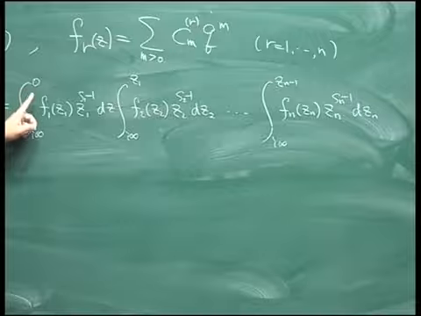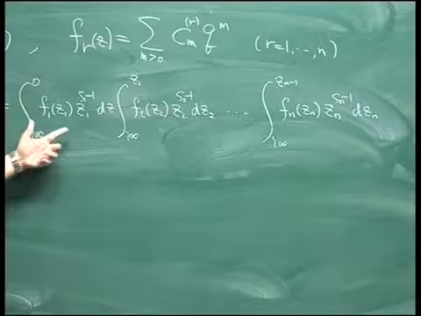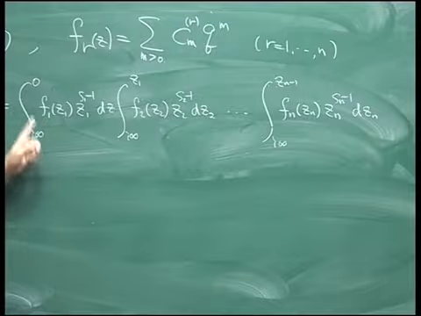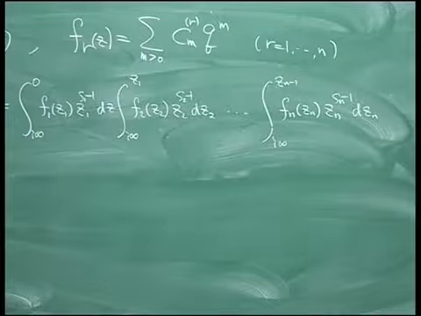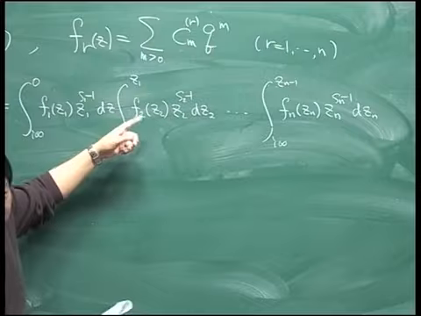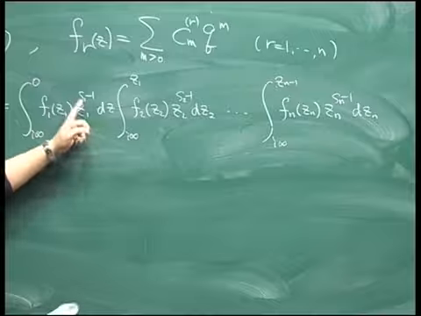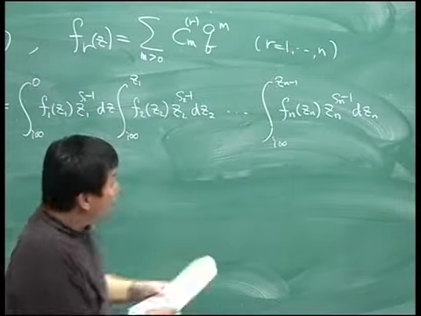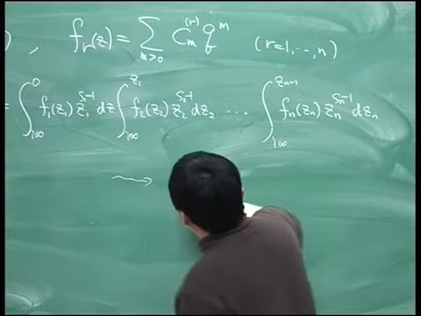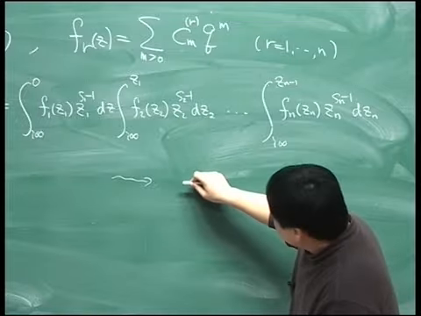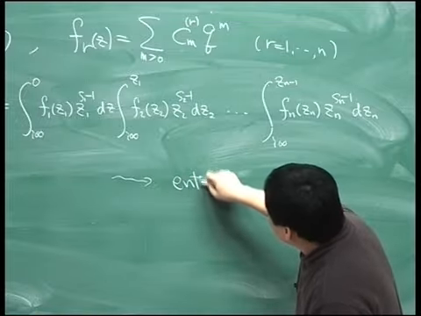Then finally, you integrate along the path connecting infinity and 0. From the cusp condition, this iterated integral converges for arbitrary complex numbers. So it is an entire function.